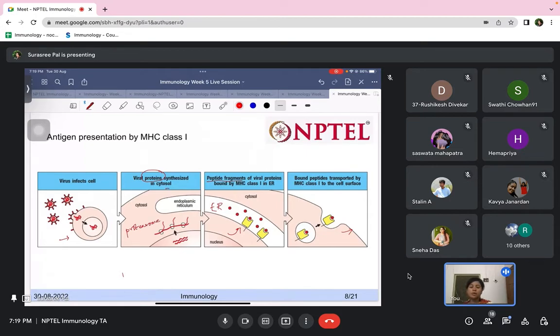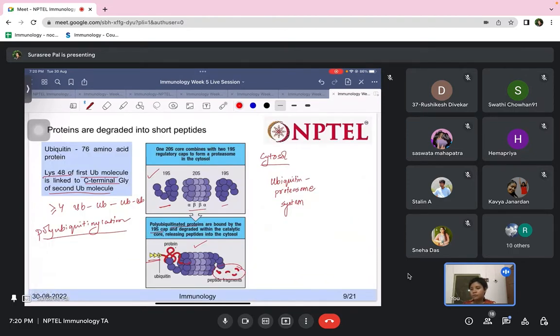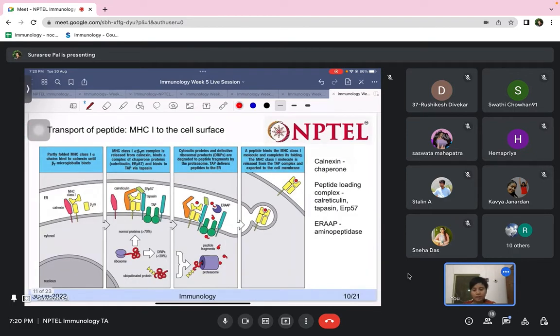How will they be transferred to the endoplasmic reticulum? Because if they are not transported there, they will not be bound by the MHC molecules. Clear? So now we will see how these peptides are transported to the endoplasmic reticulum for binding to the MHC molecule.